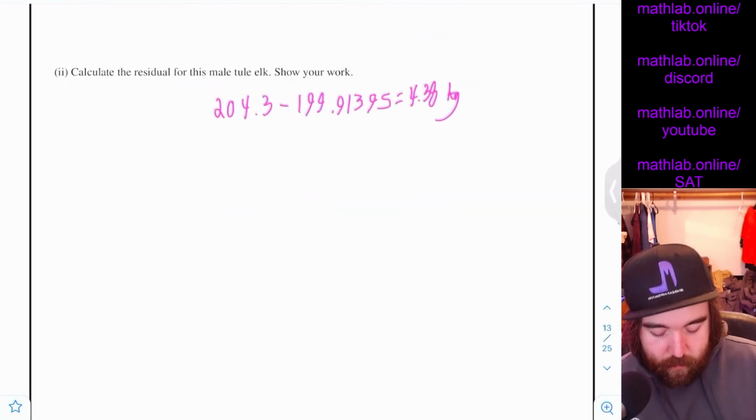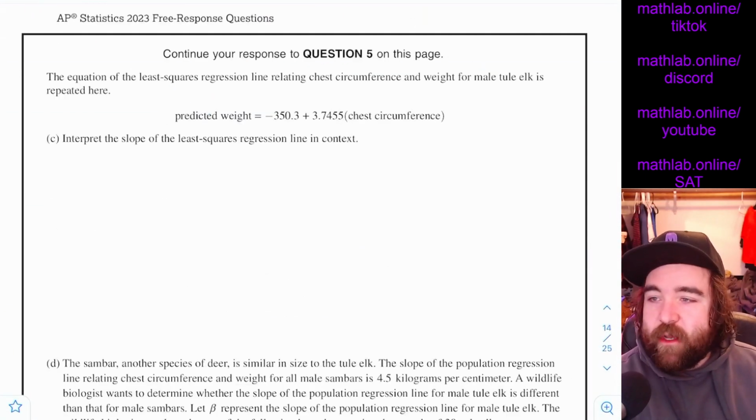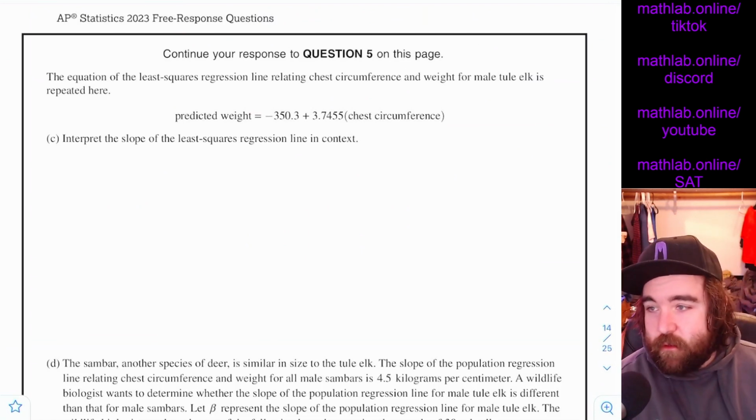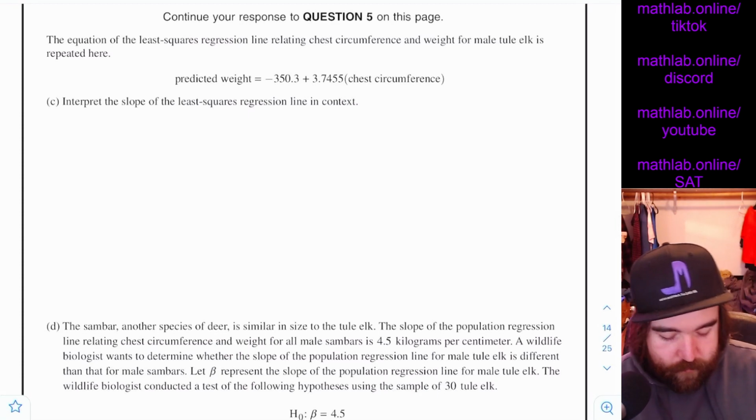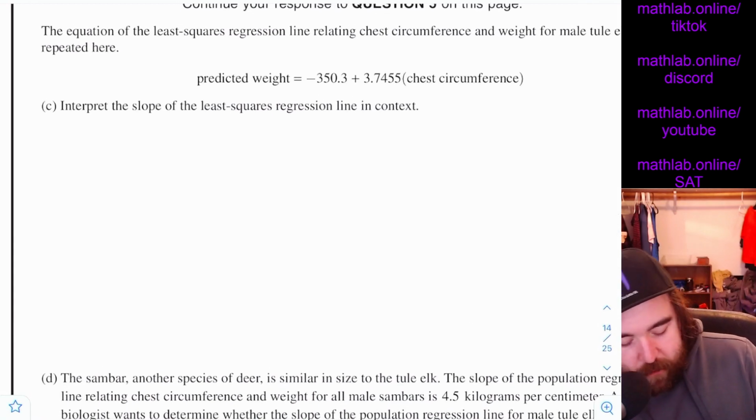That was simple. Next, the equation of the least squares regression line relating the chest circumference to the weight is repeated here. Interpret the slope. Love it. So this is a fill in the blank sentence.